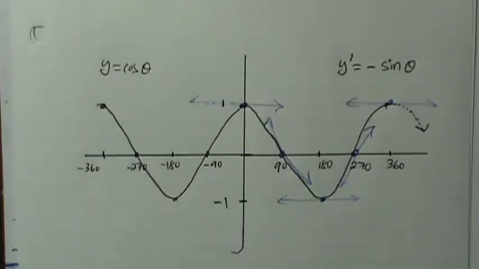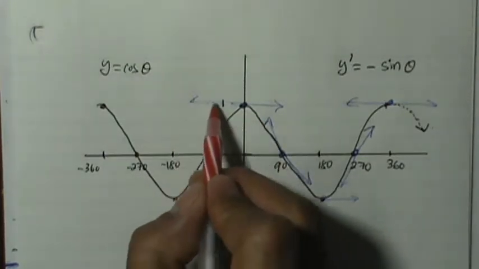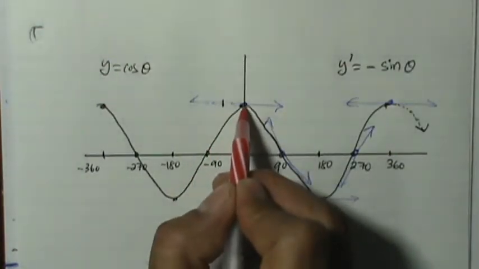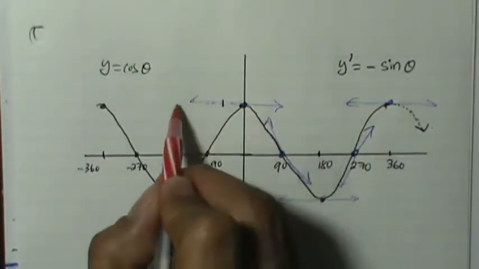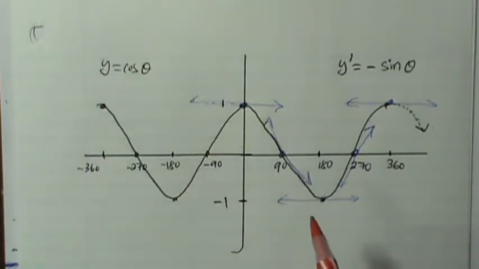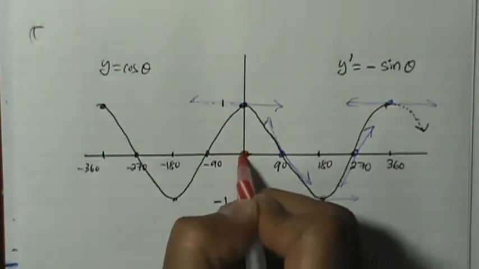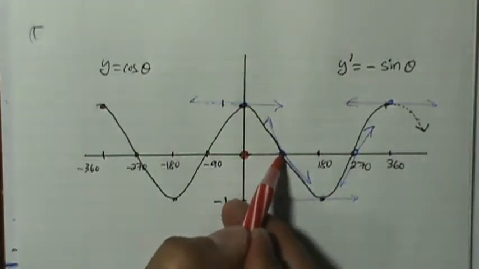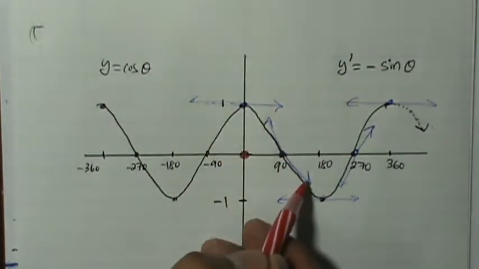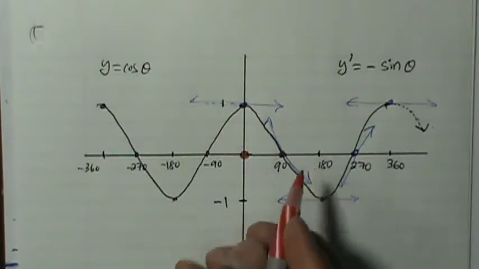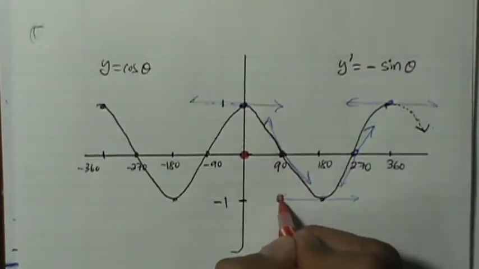So let's see now. We know that the slope of a tangent at the turning point is 0 because it's horizontal. The slope of a horizontal line would be 0. So right across here on the x-axis we have a point. At this point, the slope of a tangent, since it decreases, meaning that the slope is negative, we have a point below the x-axis, somewhere here.